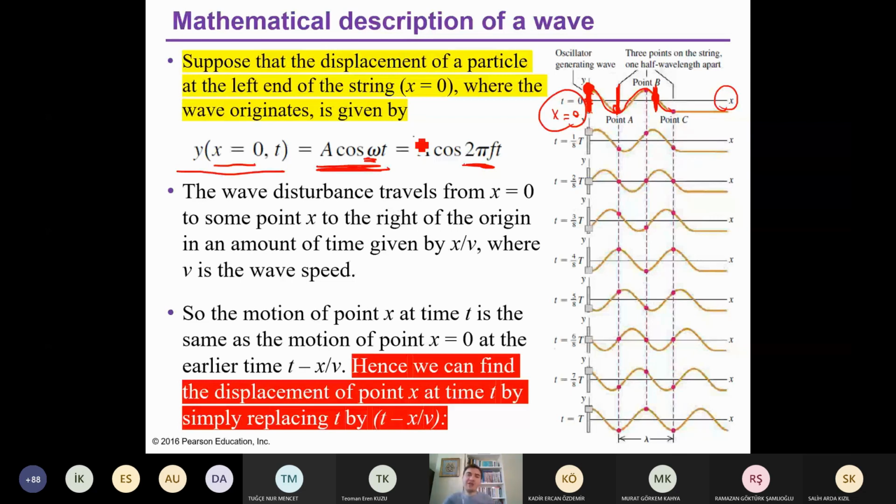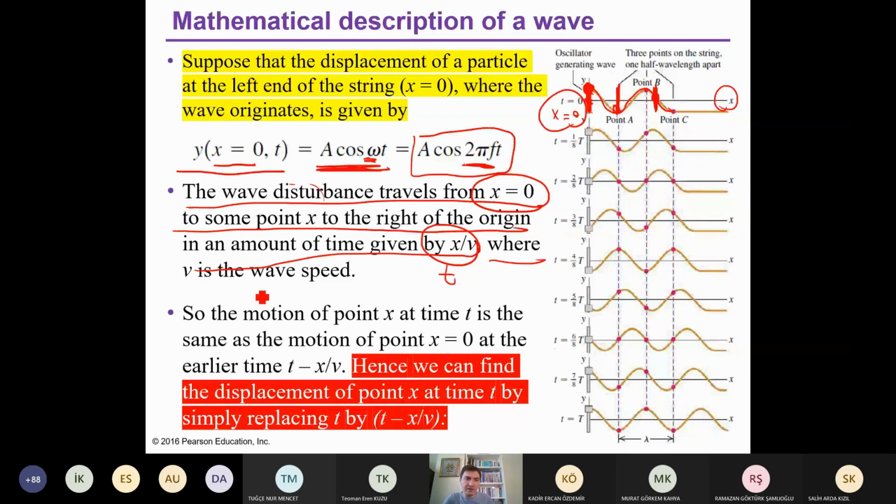So now we have very important information. The wave disturbance travels from x equal to 0 to some point x to the right of the origin in an amount of time given by x over v. This is also a time, where v is the wave speed.